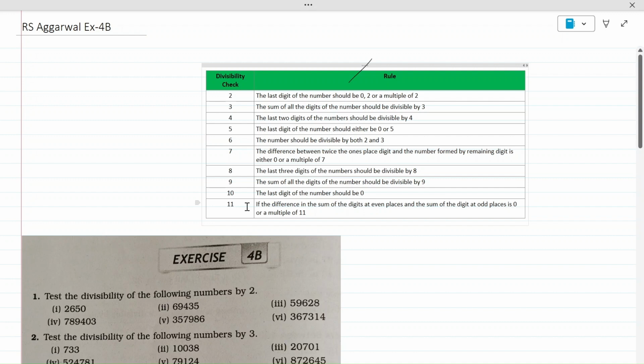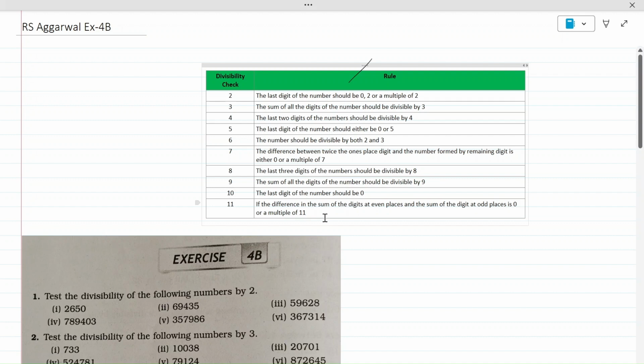Next we have 11. So for 11, if the difference between the sum of the digits at the even places and the sum of the digits at odd places is 0 or a multiple of 11, then this number is divisible by 11. So what we have done here is we sum up the digits at the even places and then we sum up the digits at the odd places, and then we find the difference between these two sums.